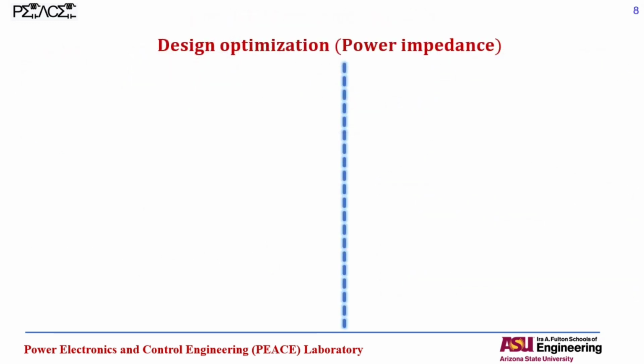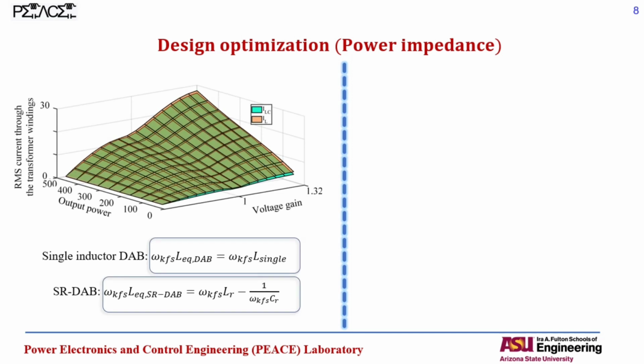However, in addition to the loss optimization, we believe that the design optimization should also be taken into consideration. So here I have provided the power impedance optimization that you can see here. As you recall, I have mentioned that the LC tank configuration is providing an inherently lower RMS current through the device. This is due to the fact that the impedance of the SRDAB or the LC tank is provided by this equation that you can see here.